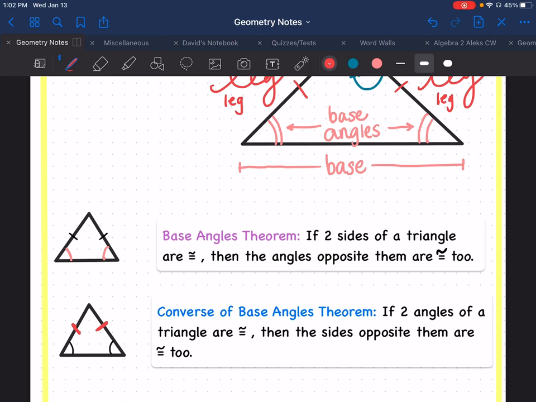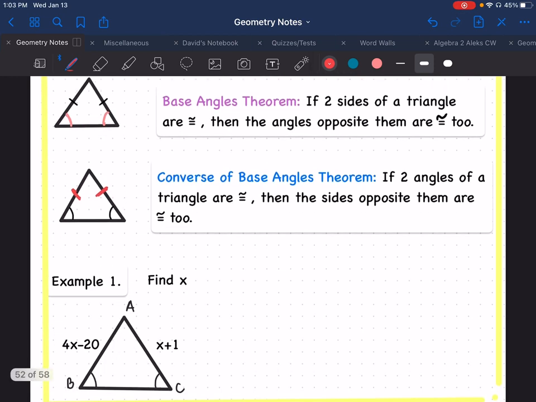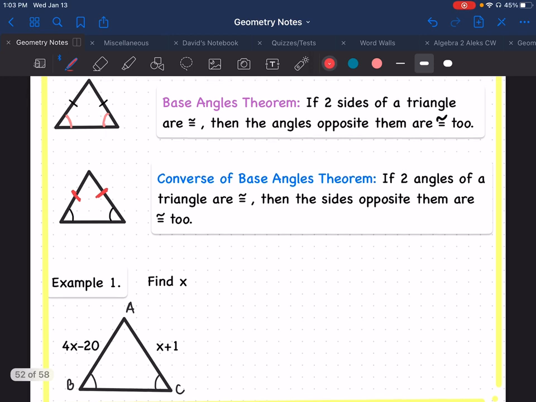What I'm doing is either giving you the sides as equal and asking you to solve for x with the angles, or telling you that the angles are congruent and asking you to solve for the sides. Okay? All right, I have an example to take a look at these, and here it is.